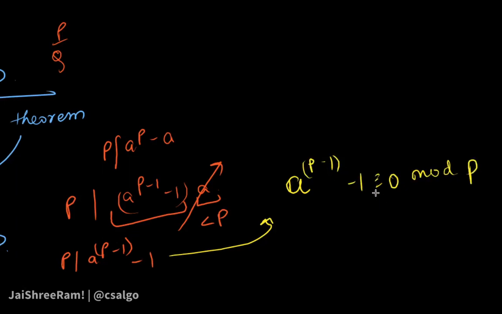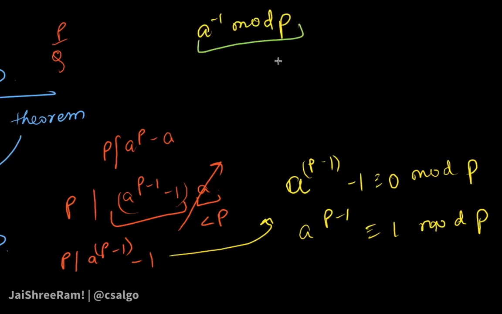Remember the alternate expressions that we have in the modular domain. Also, since this is congruent to 0, we can add 1 on both sides, because the remainders shift equally when you add some constant. So a to the power P minus 1 plus 1 is congruent to 1 mod P. Now we want to find A inverse mod P, right?